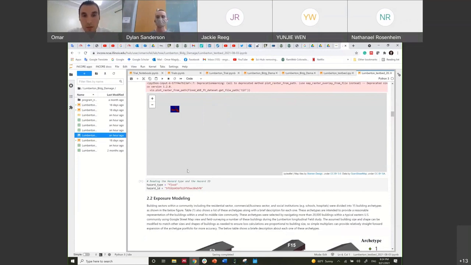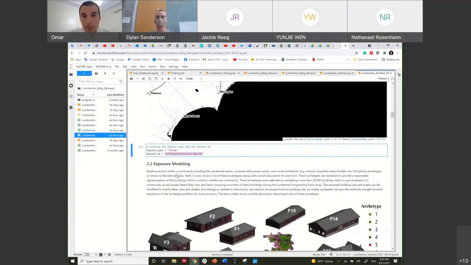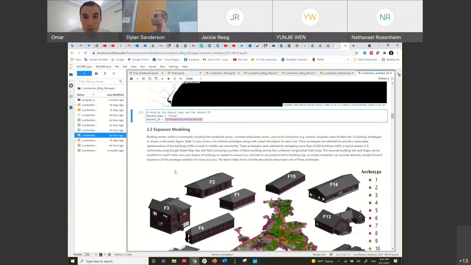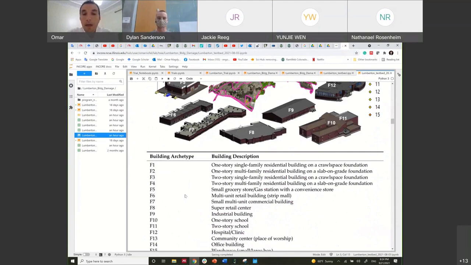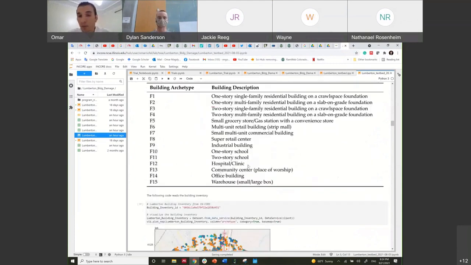Then, moving to the exposure modeling, we have our 15 building archetypes defined within the building inventory of Lumberton. Here is the ID of the building inventory, and this is the map with the buildings.